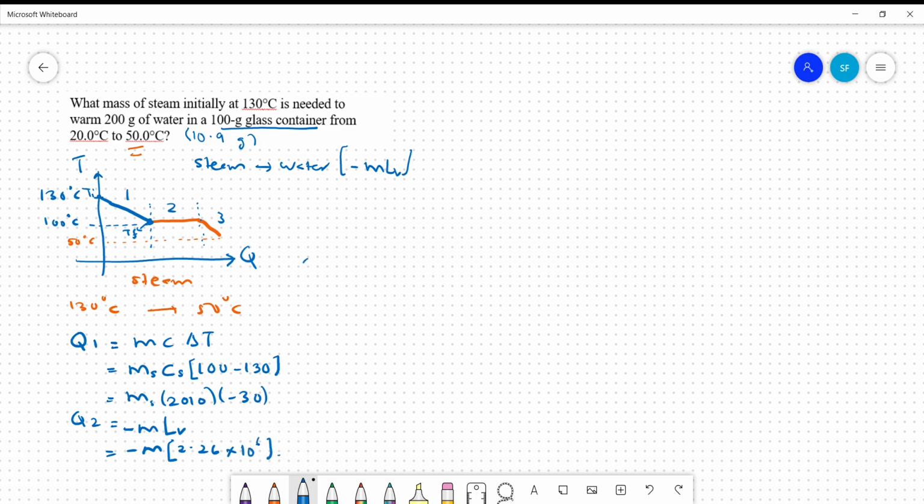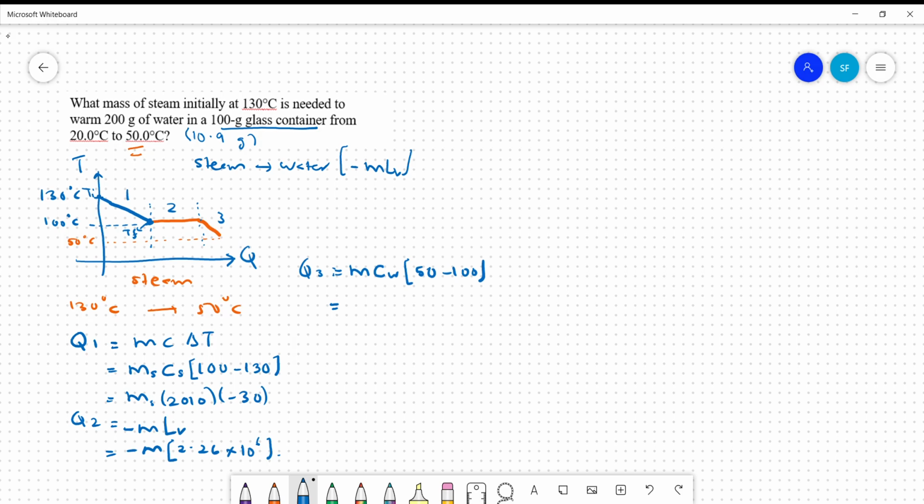Next Q3, the energy required to decrease the temperature from 100 degrees Celsius to 50 degrees Celsius. It equals m times the specific heat of water, since it is now completely water, times the change in temperature, 50 minus 100.